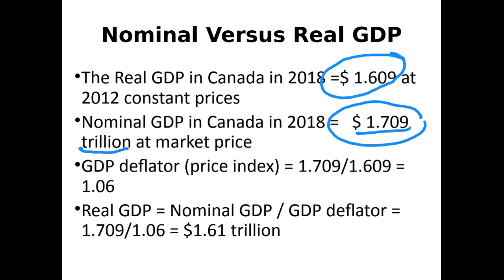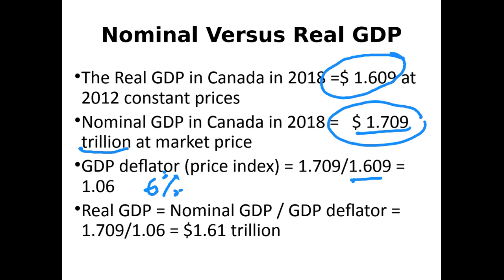If I multiply by 100, that's fine; if I don't, it doesn't make any difference. So I get 1.06. 1.06 simply means an increase of 6%. So the increase in price level is 6%. From the base year to 2018, price has gone up by 6%. That is why nominal GDP is 6% higher than real GDP.